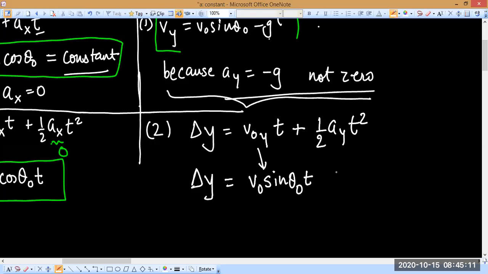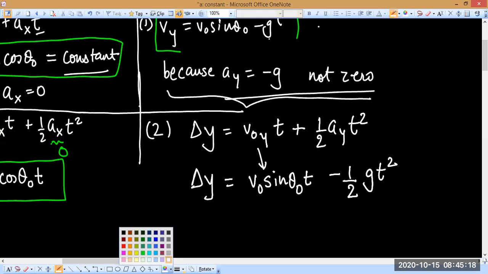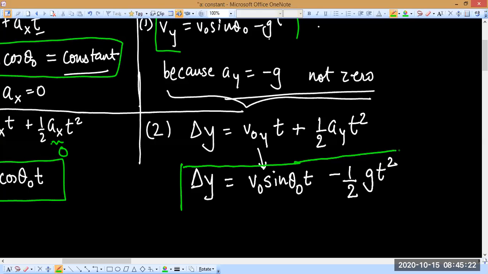And ay is minus g. So plus minus will become minus. Clear? I don't think this will bother anyone. Again, everything comes from that table. We only have to play with 4 values. I hope all of you understand that those 4 values are very important. Everything can be done with them. Okay?